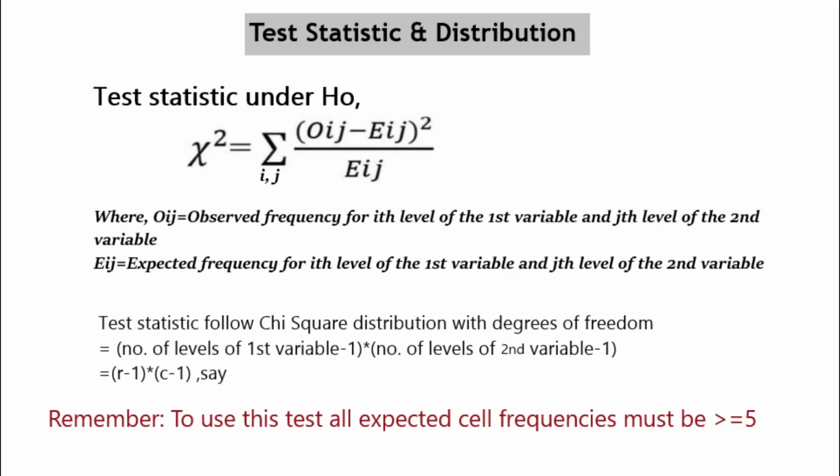The test statistic follows a chi-square distribution with degrees of freedom equal to the number of levels of the first variable minus 1, times the number of levels of the second variable minus 1. Remember, to use this test, all expected cell frequencies must be greater than or equal to 5.